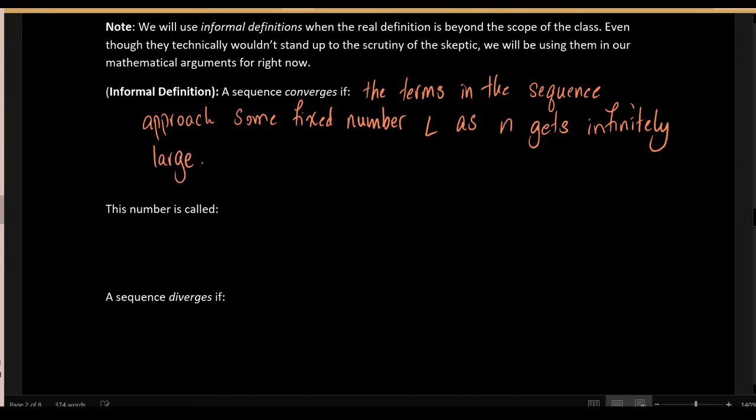In other words, as you move through the sequence, those terms begin to converge on, begin to get closer to some fixed number. This number L is called the limit of the sequence.